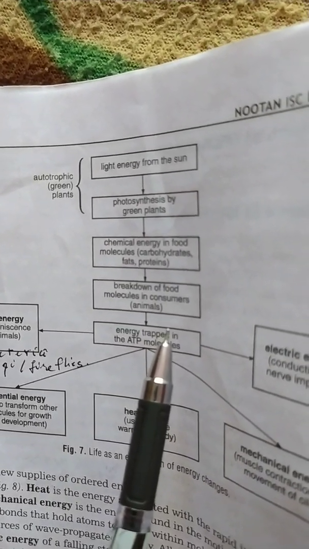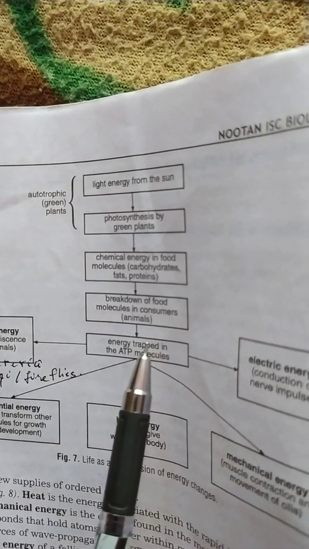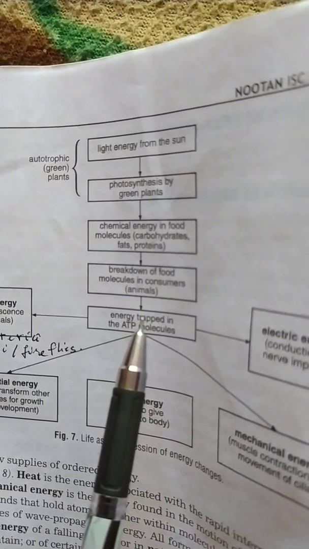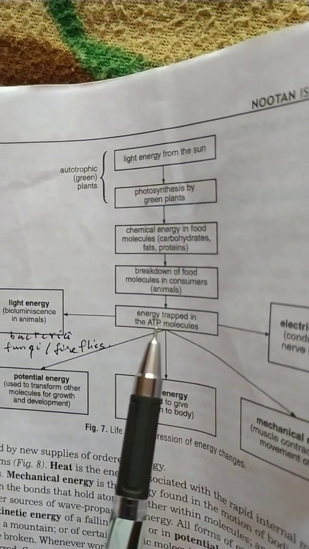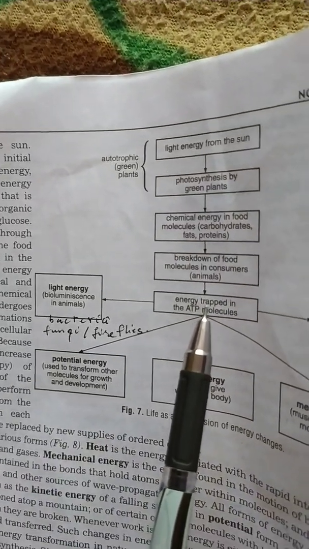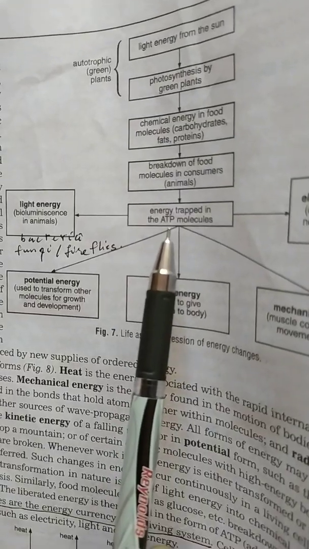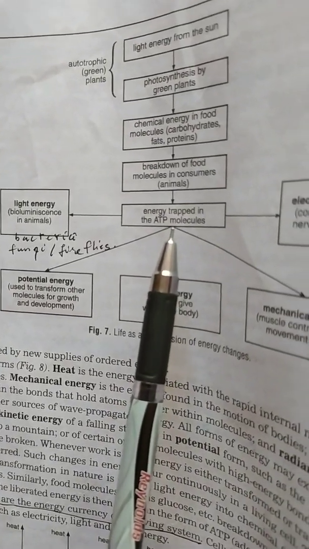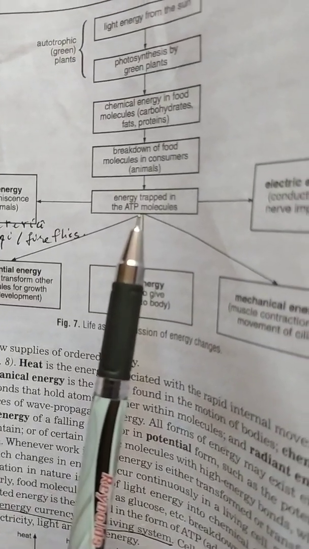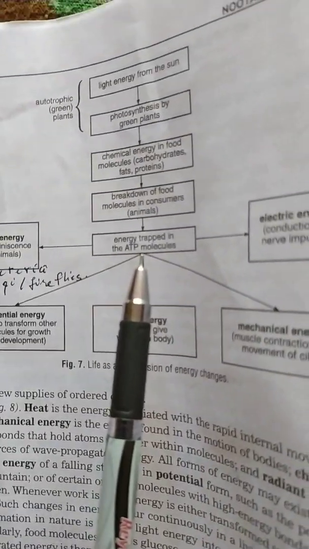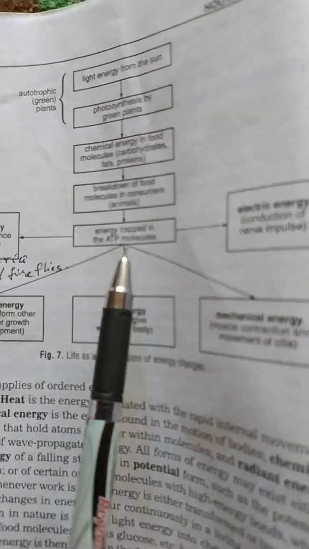Now this energy undergoes continuous transformations at the cellular and subcellular levels. Energy transformation from one form to another increases disorder or entropy of the energy.